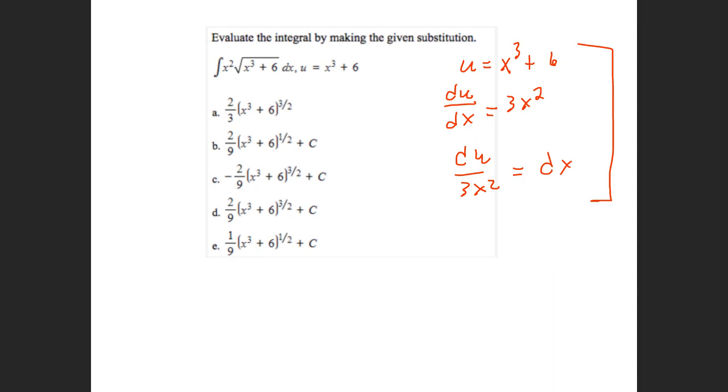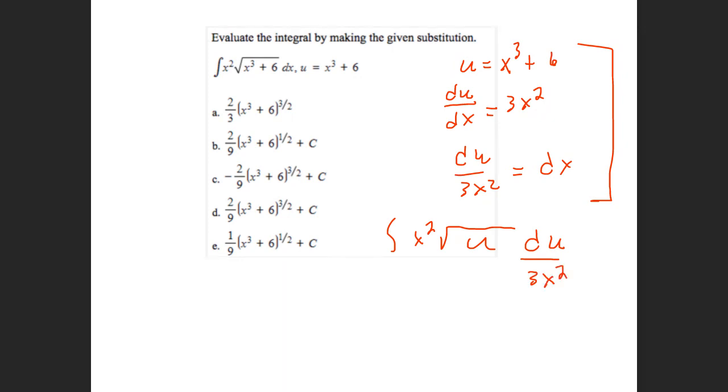All right, now here's where it gets a little tricky. I'm going to put u in for x to the 3rd, so I've got the integral of x squared times the square root of, and then I'm just going to put u here, because x to the 3rd plus 6, that's my u value. And then wherever I see dx, I'm going to put du over 3x squared.